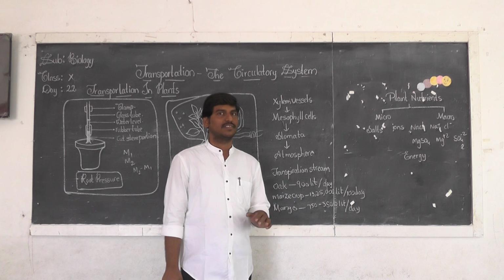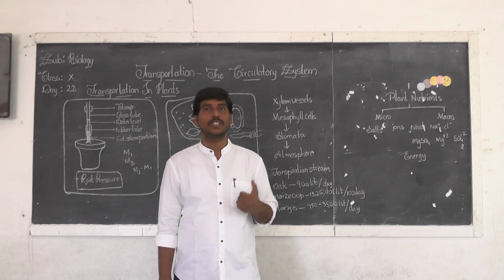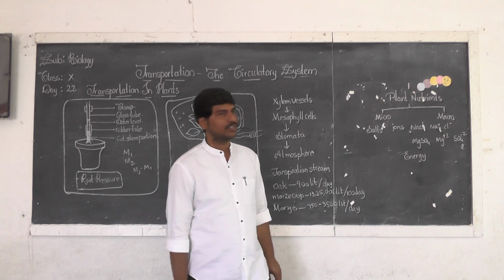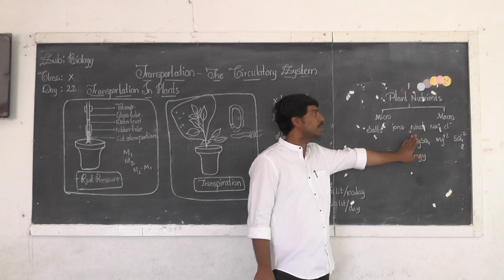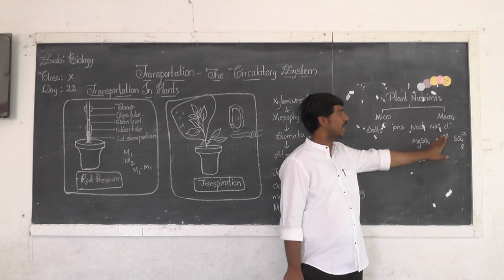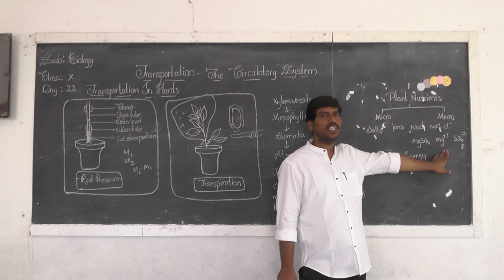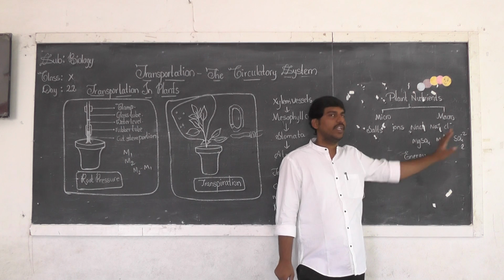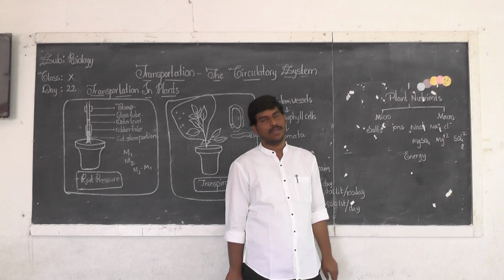And these salts are not taken directly in the form of salts, they are absorbed in the form of ions. For example, sodium chloride is absorbed in the form of Na plus and Cl minus. And in case of magnesium sulfate, it is absorbed in the form of magnesium ions and also sulfate ions. Right? So like this, in the form of ions, they are absorbed.